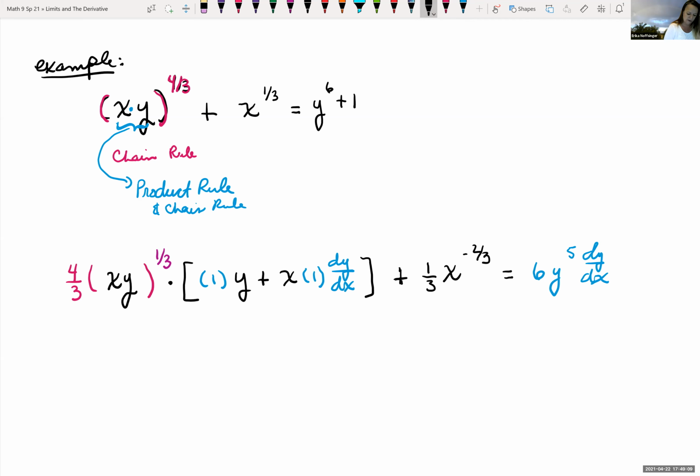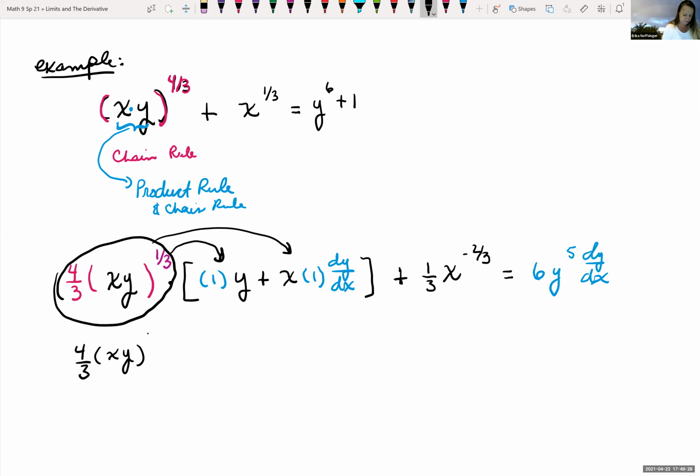Before we can do that, we need to distribute inside that bracket. And so if we do that, we have 4/3 (xy)^(1/3) times y, plus 4/3 (xy)^(1/3) y times x dy/dx.